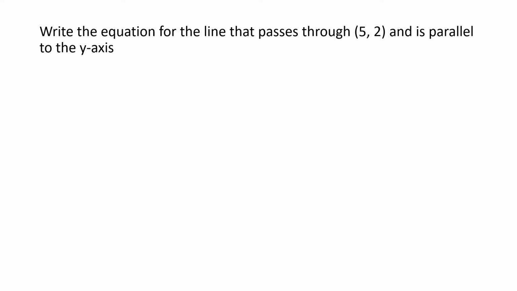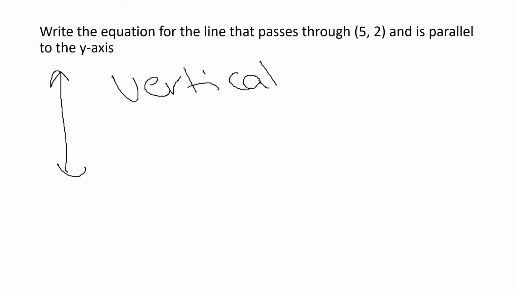And here's what I'm going to tell you. If it is parallel to the y-axis, that means it's going up and down. That means it is a vertical line, correct? If you have a vertical line, or a line that is parallel to the x-axis, if you know those two pieces of information, parallel to the y-axis, and if you know this point, you don't even have to do any work, okay?